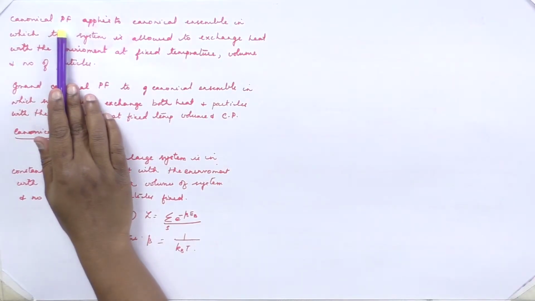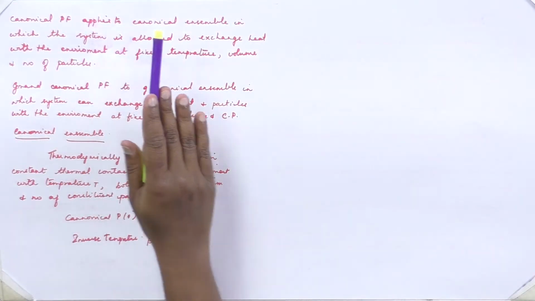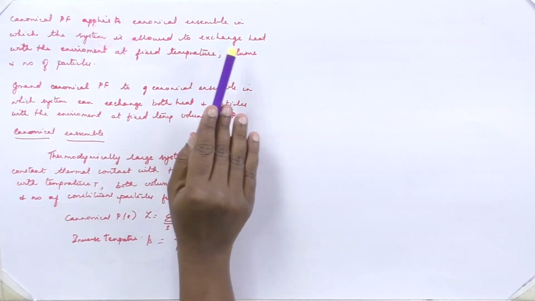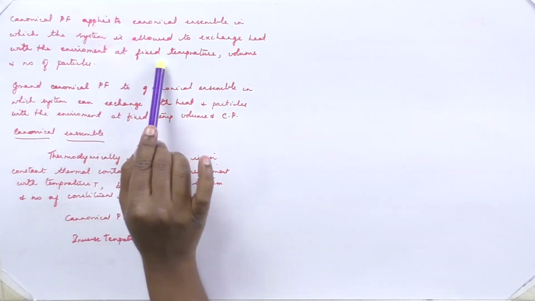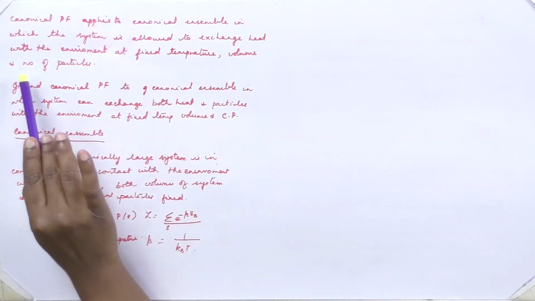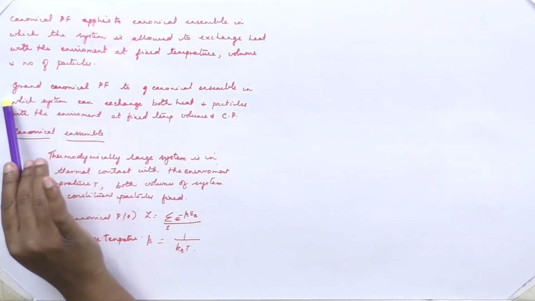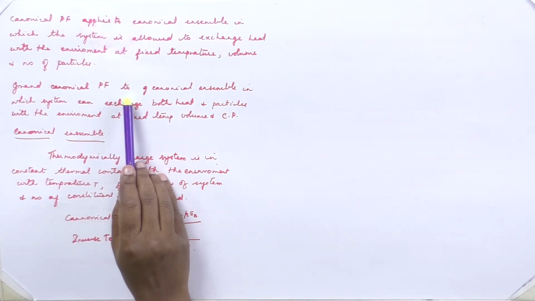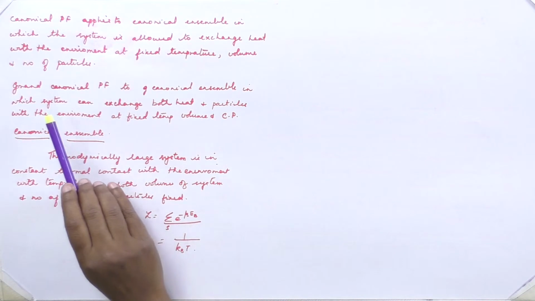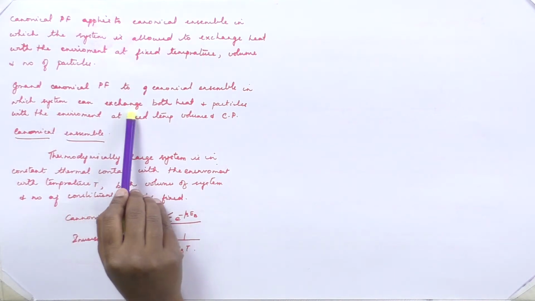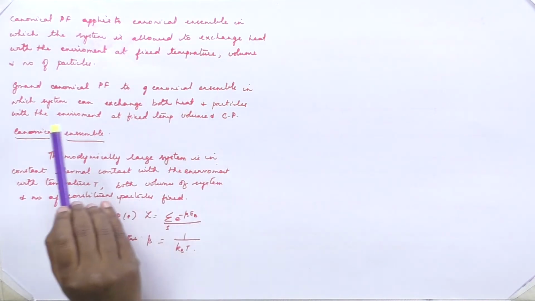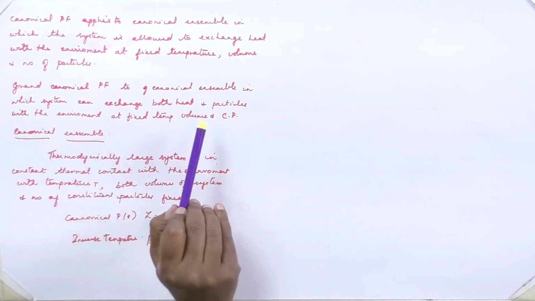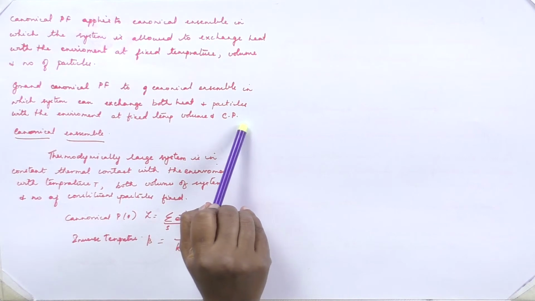The canonical partition function applies to the canonical ensemble in which the system is allowed to exchange heat with the environment at fixed temperature, volume and number of particles, and the grand canonical partition function is for the ensemble of the system which can exchange both heat and particles with the environment at fixed temperature, volume and chemical potential.